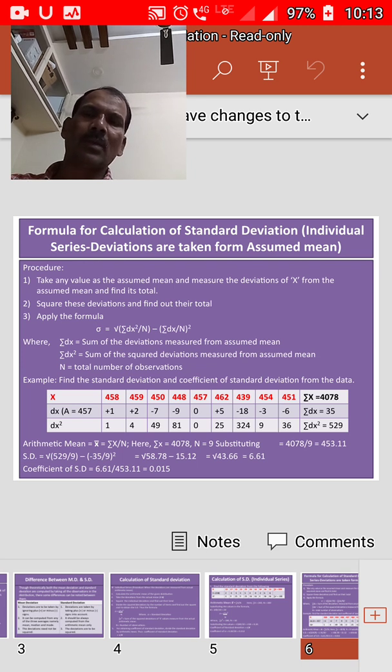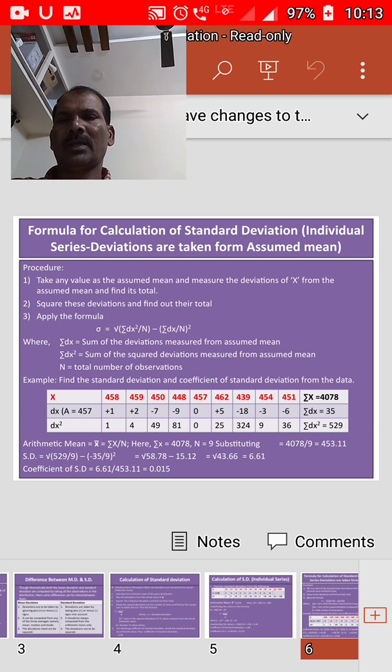Now we consider the formula of standard deviation and introduce the values. Small sigma is equal to the under root of sigma dx square by n minus sigma dx by n whole square, where sigma dx square is equal to 529, sigma dx is equal to minus 35, and the number of observations is 9.